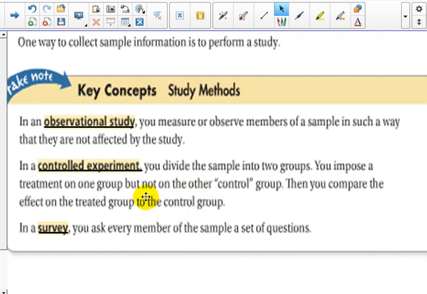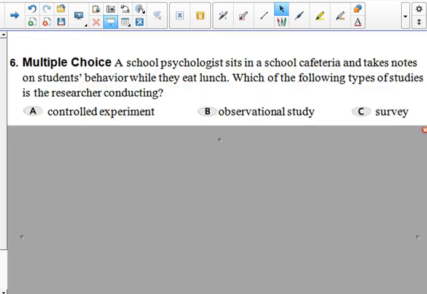And those of you who have taken biology or physical science, you've done these experiments. In a survey, these are the things that we were talking about previously on the first page. You ask every member of a sample a set of questions. So, observational study, controlled experiment, or surveys.